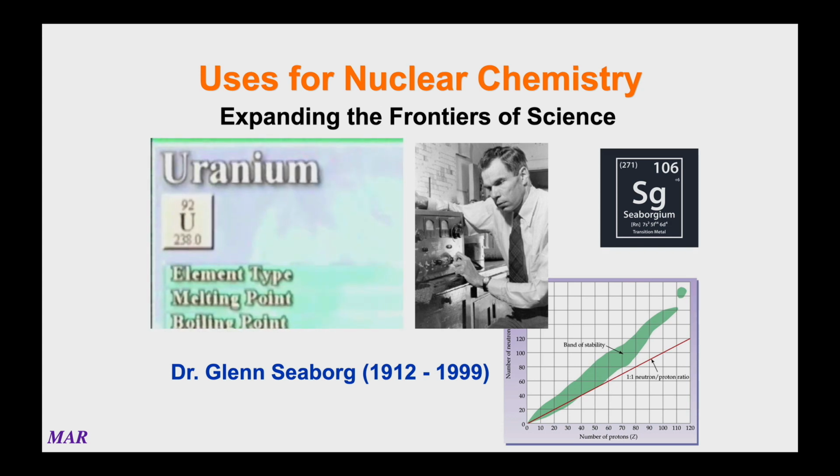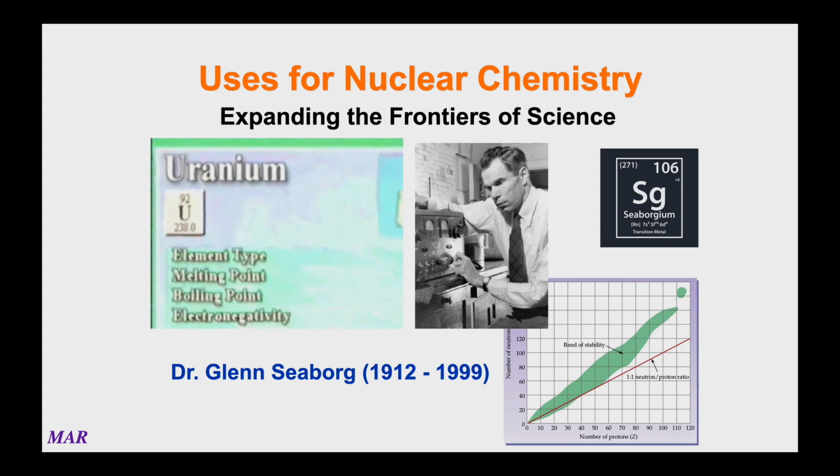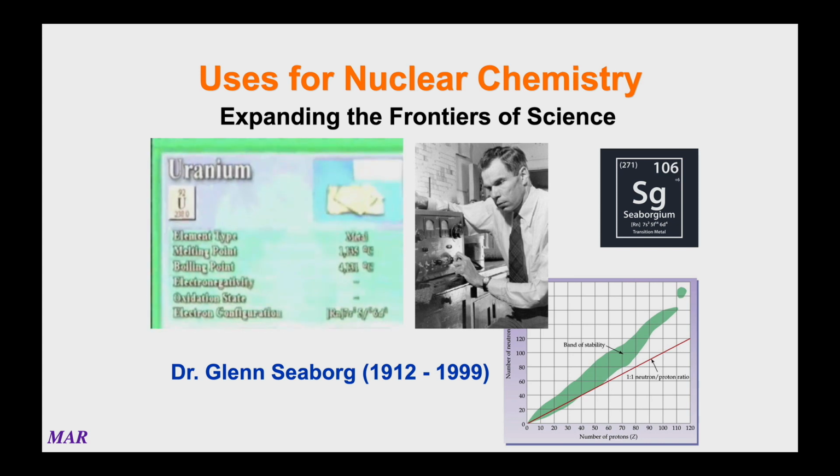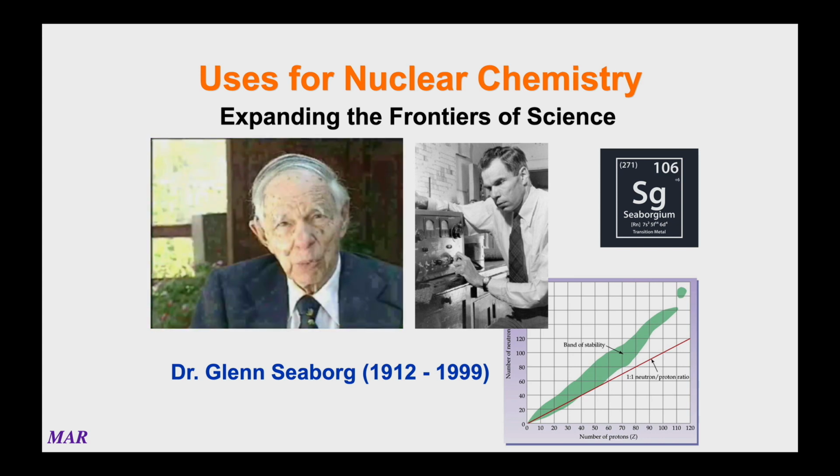Uranium has the atomic number 92 and is the heaviest naturally occurring element. And what we did was go on to produce by nuclear bombardment elements with atomic numbers greater than 92. For example, 93, 94, 95, 96, and so forth.